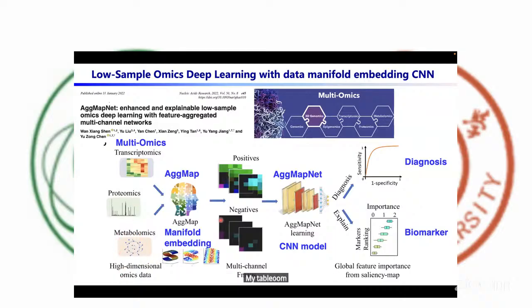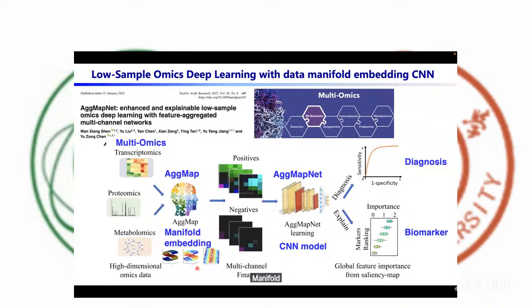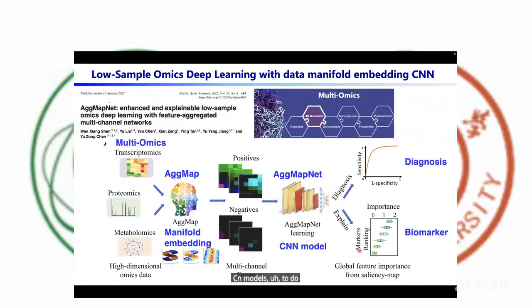We have a strategy using manifold embedding to convert the complex multi-dimensional data into a two-dimensional image, and then we can apply CNN models to do diagnosis and biomarker prediction tasks.